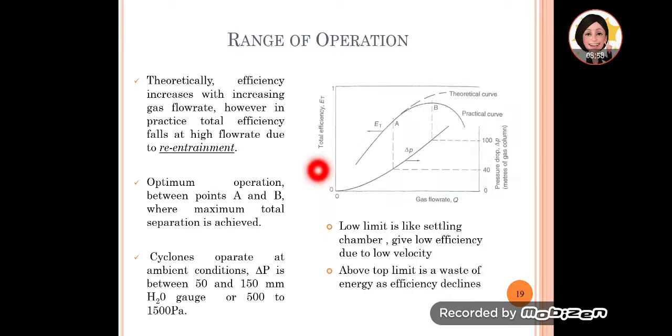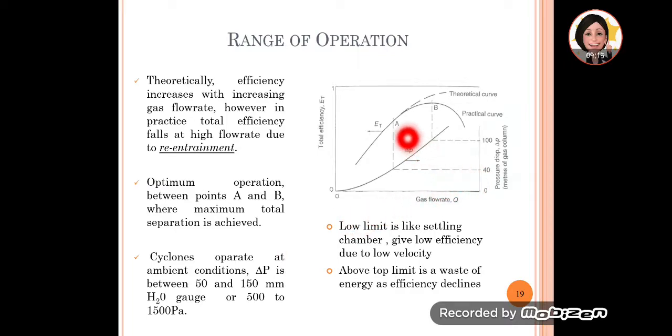So that's why we should be operating between A and B, and this A and B is usually between 50 to 150 millimeter water gauge or 500 to 1500 Pascal.